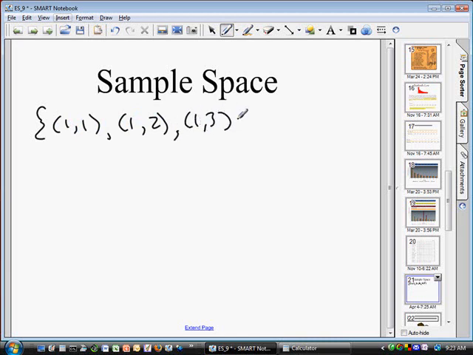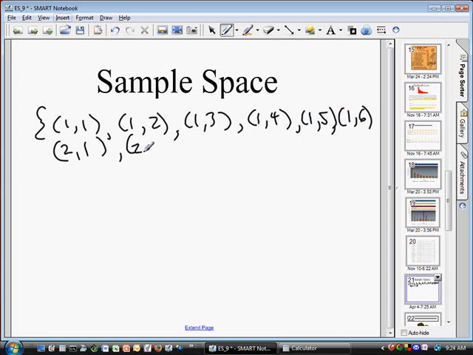I'm sure you can see there are different ways to organize this. Then we could start going 2 on the first, 1 on the second, 2, 2.